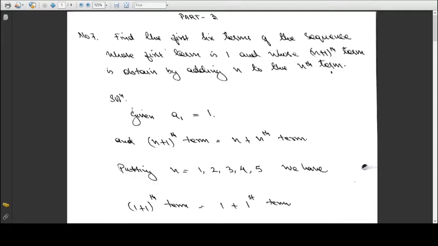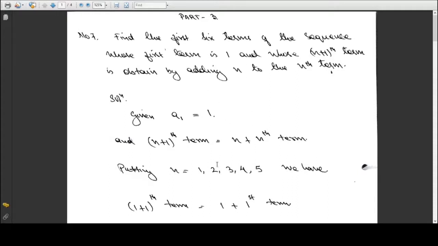Now, the solution. It is given that the first term a1 is 1, and the n plus 1 term is n plus the nth term. This is the condition given in the problem. Now we put n equal to 1, 2, 3, 4 and 5 because we have to write the sixth term.